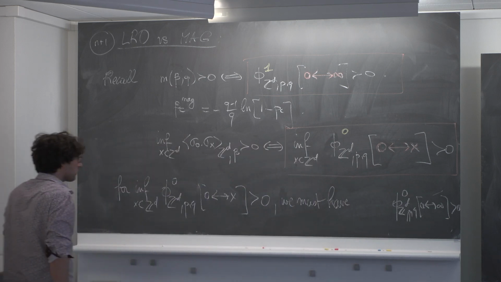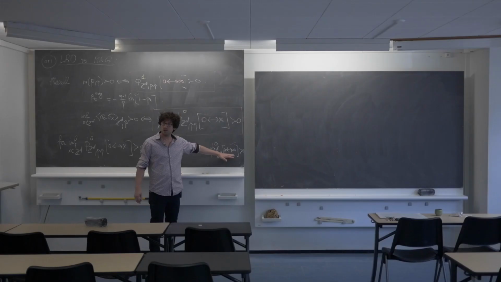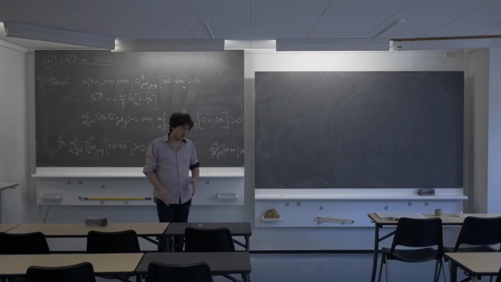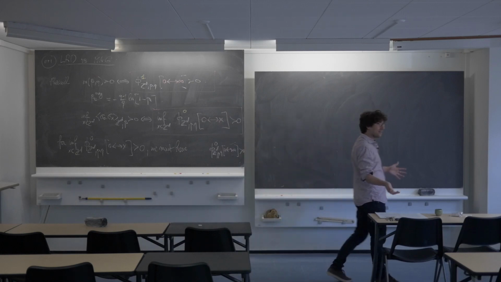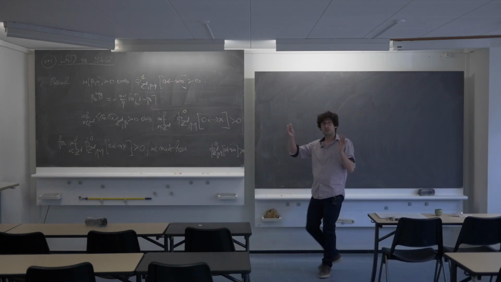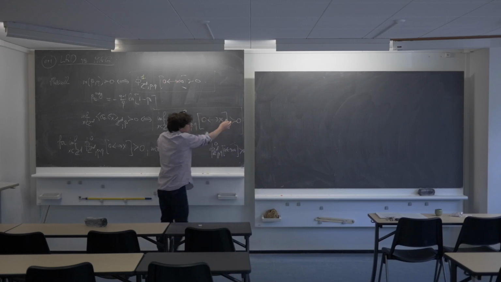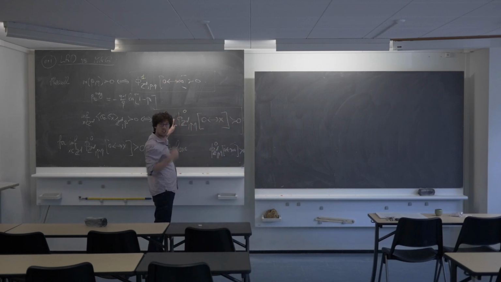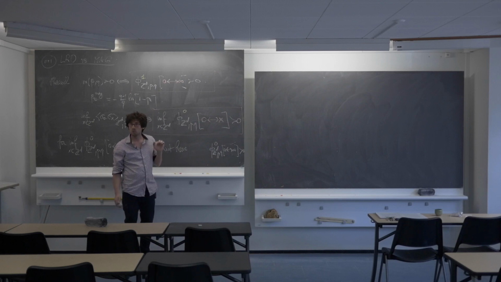Why? Because if this is 0, by measurability, for every epsilon, there exists a capital N such that 0 connected to distance capital N is smaller than epsilon. But then, a fortiori, this probability is smaller than epsilon for every x farther than distance capital N. Since this is true for every epsilon, it will imply that this infimum is 0.